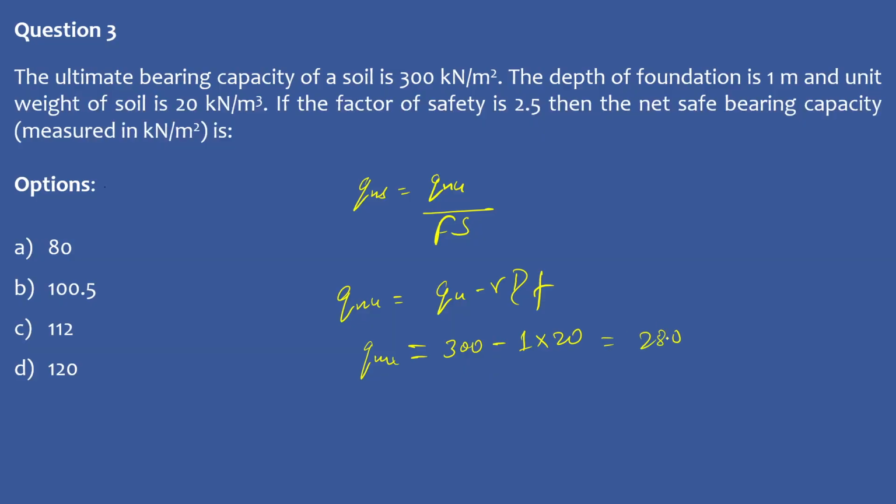So it's none other than 280 kilopascal, and now the net safe bearing capacity is 280 by the factor of safety, which is 2.5. So this will come out as 112 kPa. So the correct answer is 112 kPa.